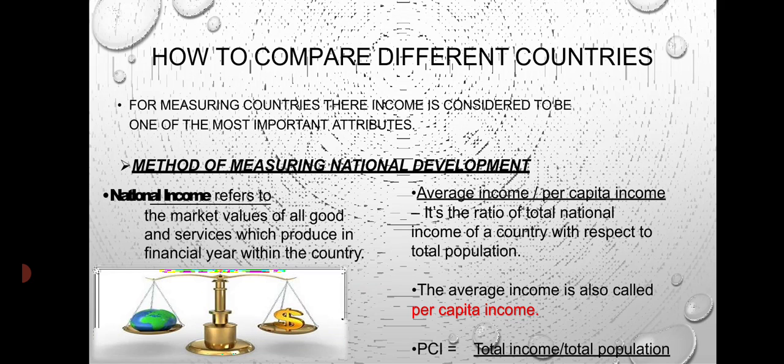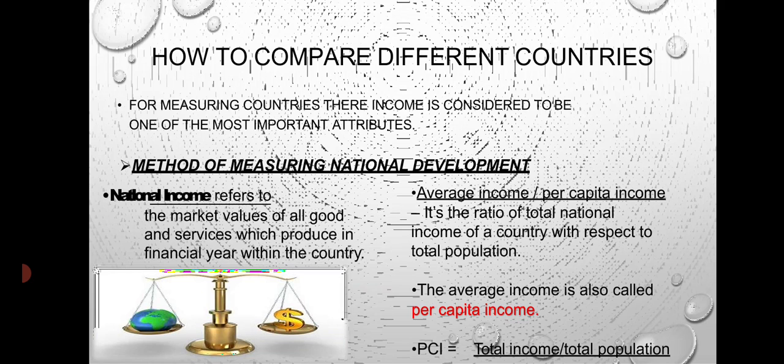But average income, when we consider it on the basis of the average income, that is your per capita income. And how do we calculate this per capita income? That is your national income divided by population. Why are we taking population? Because the population of the countries varies from country to country. हर country की population same नहीं होती है, इसलिए हम per capita income निकालते हैं. Capita means per person income.